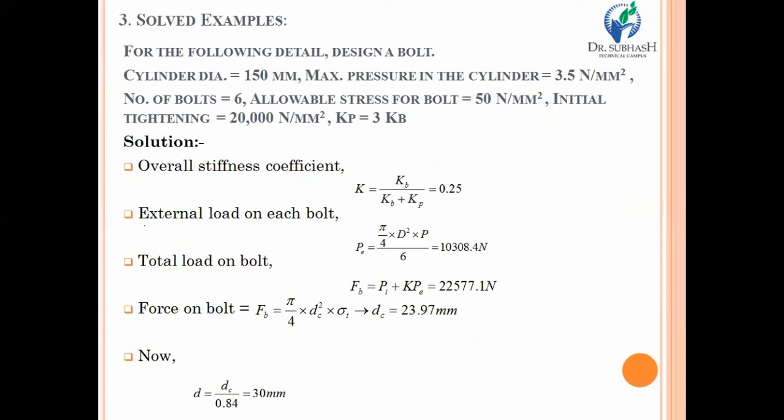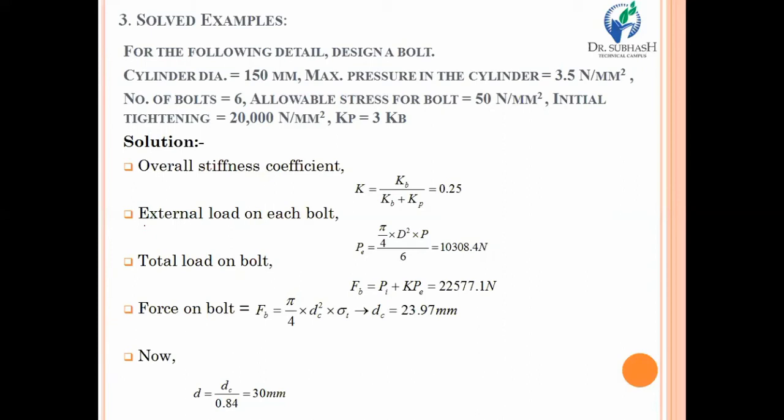The number of bolts used is 6. The allowable stress for the bolt material is 15 Newton per mm square, and the initial tightening is equal to 20,000 Newton. You have to take the overall coefficient for parts and bolt, and the relation for stiffness is Kp equal to 3 into Kb.